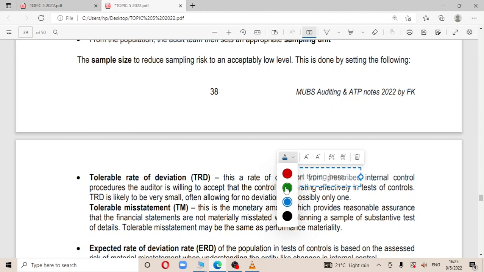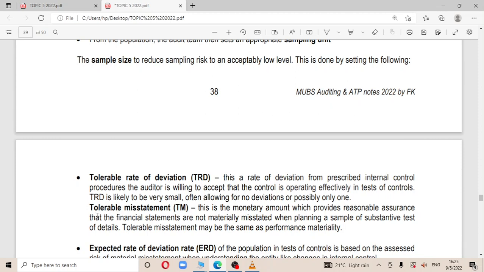That's what I'm talking about. Deviation, by how much are they not doing what they're supposed to be doing? If you find that they're deviating by large figures, the sample is likely to be high. You audit many things because they are deviating by high amounts. But if they are deviating by low amounts, or the deviation is not so big, then you might have to select smaller samples. Any questions? So that's how tolerable rate of deviation determines how much sample you will select.